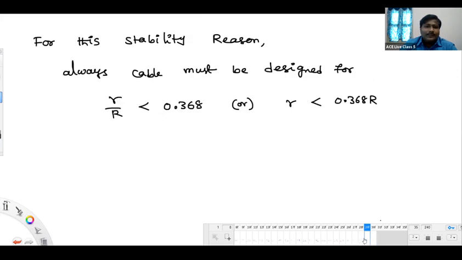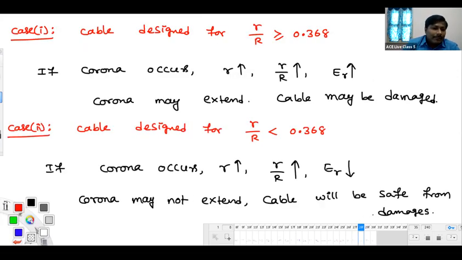All of you listen. I have written that corona may not extend. I am not saying it is definite, because it is a very severe switching surge. The switching surge causes a large field intensity on the conductor surface, causing corona.